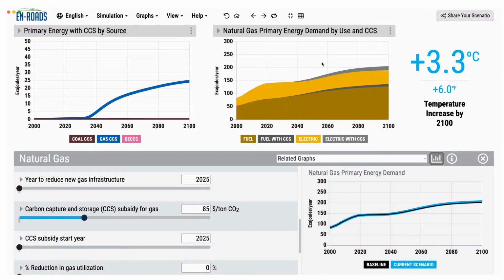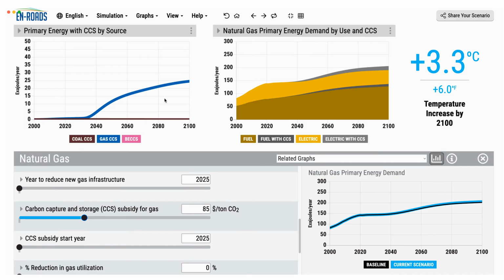Mostly that's because we use so much natural gas around the world, and it takes a long time for this industry to grow. Also, it can't capture much of the CO2 or much of the overall capacity, because it is only applicable to a portion of natural gas usage around the world.